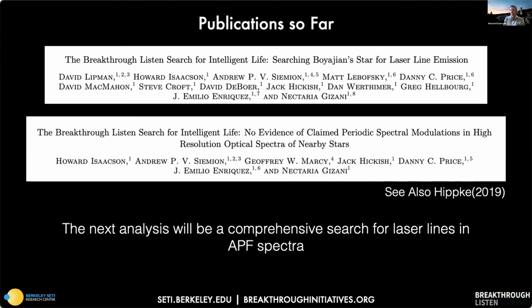With these two papers, we like to promote one of our roles at Breakthrough Listen, as a clearinghouse for SETI detections, showing that we can follow these up in the optical, and in this case, of course, we didn't find any. Michael Hippke also did a nice paper that was refuting these claims of spectral modulations as well. And of course, we're always working on the next thing, which is a comprehensive search for laser lines in the Automated Planet Finder.